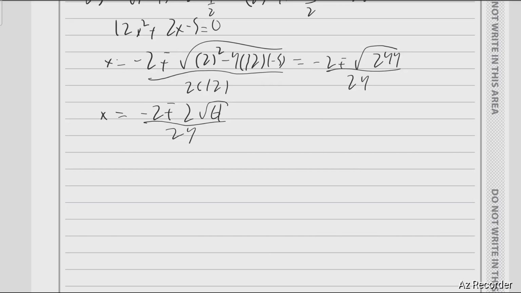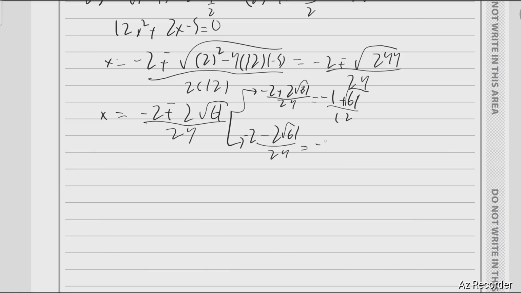Okay, you could just use the calculator. That's equal to negative 1 plus root 61 over 12, or negative 1 minus root 61 over 12.